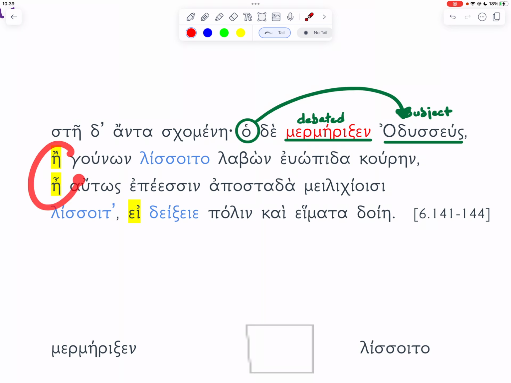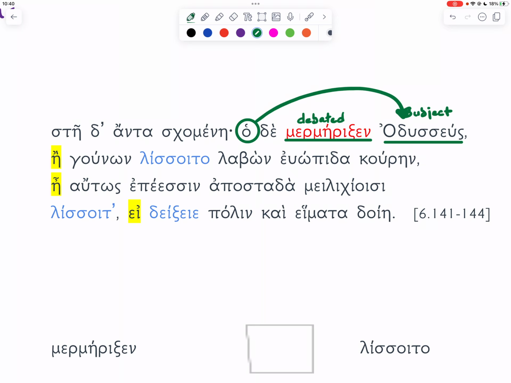So whenever you have optatives, they're usually controlled by another verb. There are a few exceptions to this rule, but for the most part, if you're seeing an optative, it's governed by something else.